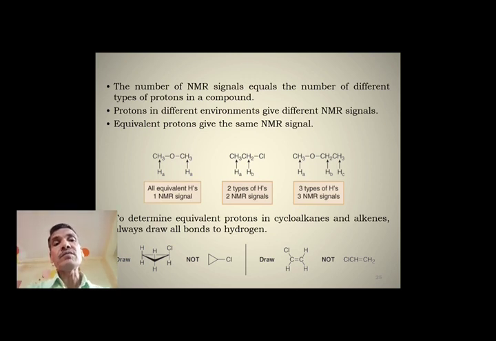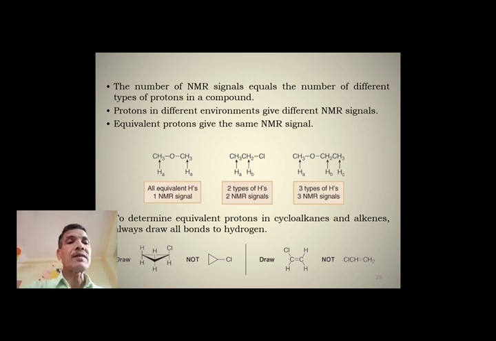The hydrogen atoms above the plane of ring are near to chlorine, while the hydrogen atoms below the plane of ring are away from this chlorine. Therefore, they behave in slightly different chemical environments. And hence, this molecule, that is chlorocyclopropane, gives 3 signals, as it possesses 3 types of protons.